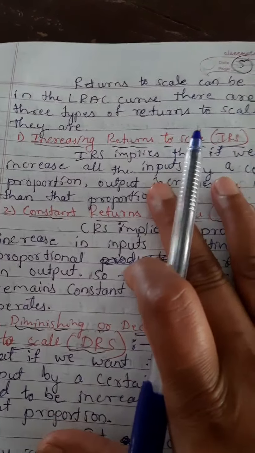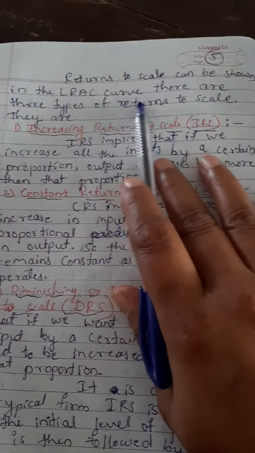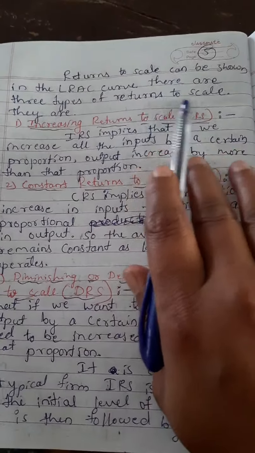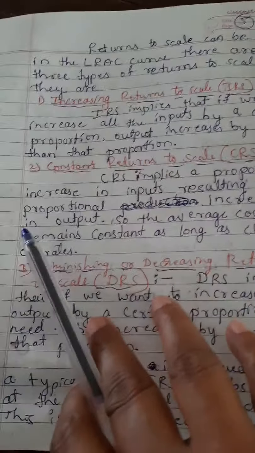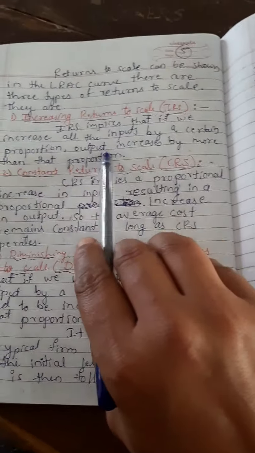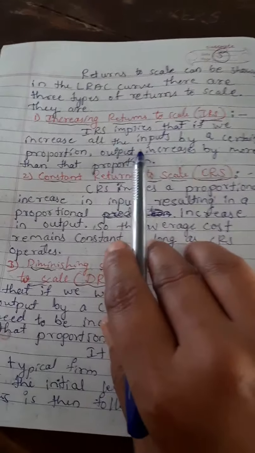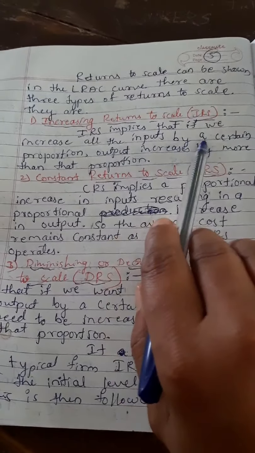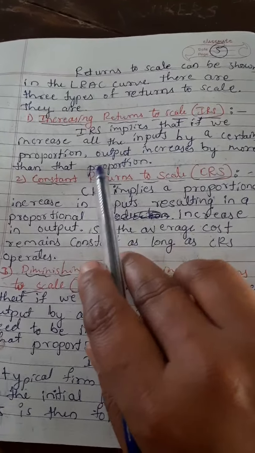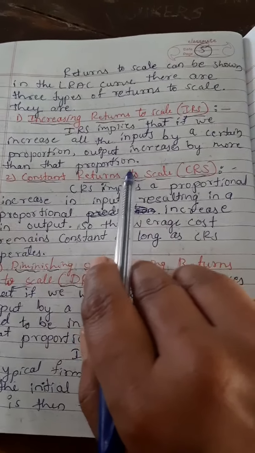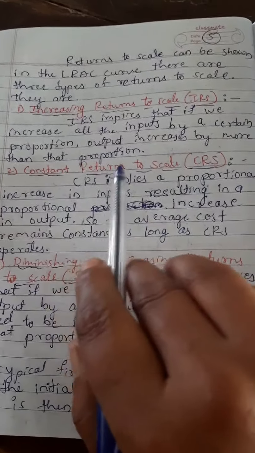And here also we are studying that increasing returns to scale can be shown in the LRAC curve. There are three types of returns to scale. First one, increasing returns to scale, IRS. Increasing returns to scale implies that if we increase all the inputs by a certain proportion, output increases by more than a proportion.